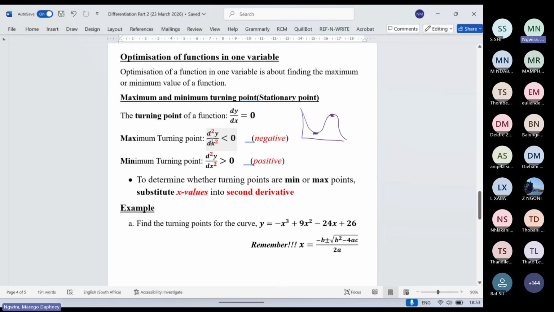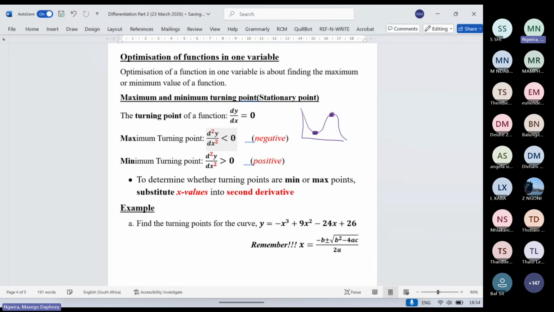If the second derivative is negative, we say it's a maximum turning point. If the answer is positive, then the turning point is the minimum. So if I get a positive answer, the turning point is supposed to be here. If I get a negative, then it's supposed to be here.